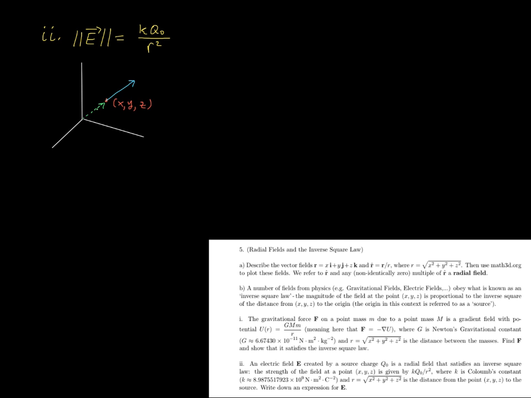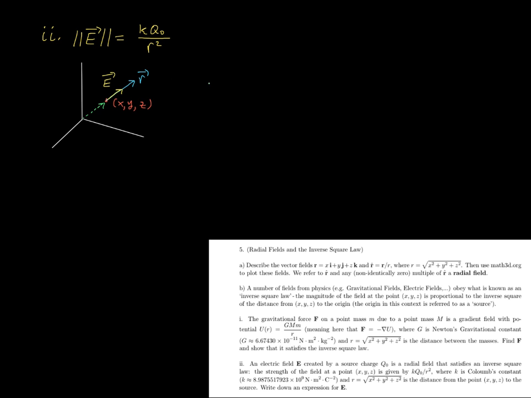So just take that position vector and move it outward. Except then, of course, you're going to have to scale it, so if this is, say, r, then the actual field itself might look something like this. But the point is that it's a multiple of this radial vector r.